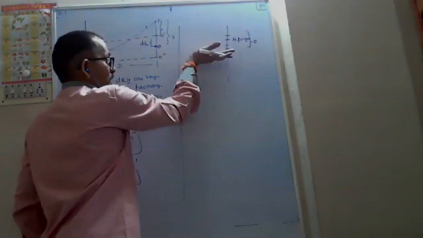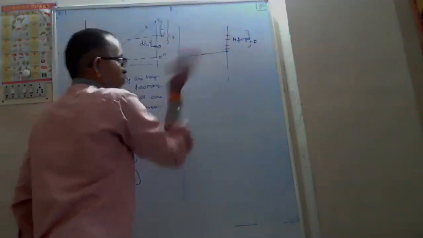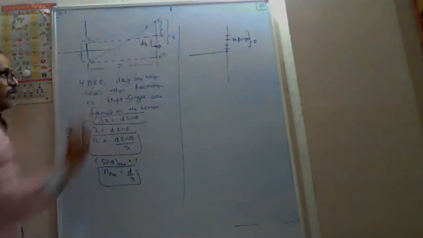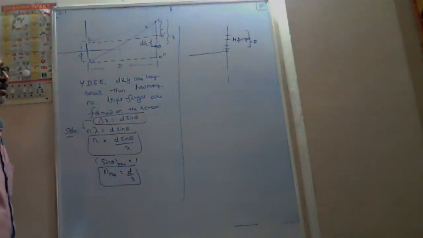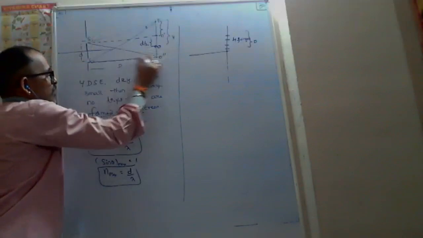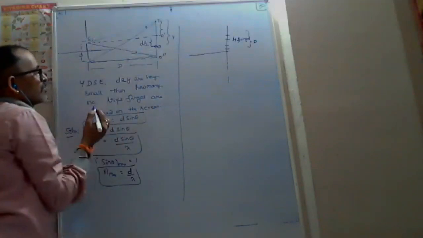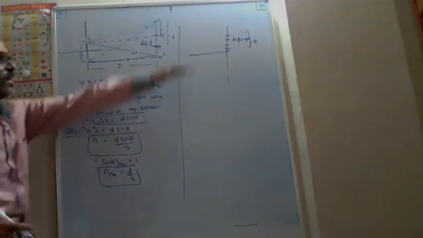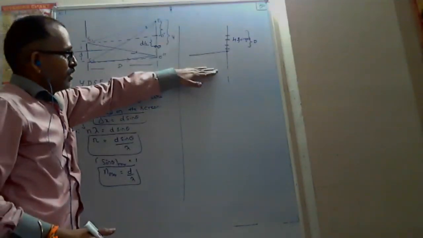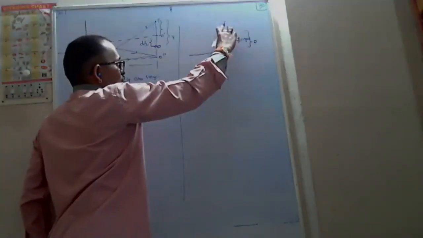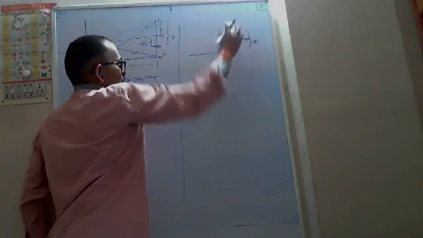That is above the line. What about the fringes formed below the line? It may come, sir. So we have to take below the center line also. Below, again, how many maximum did you find? 4, actually 5.